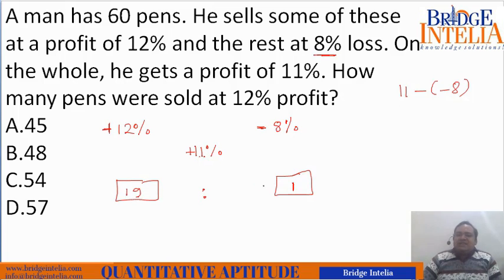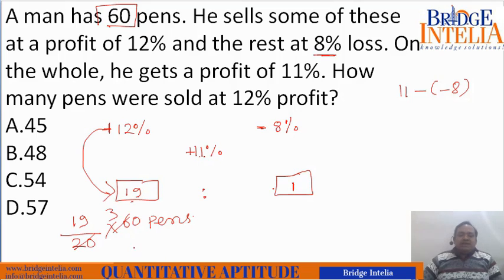So this is the ratio in which you have to distribute 60 pence. So how many pence were sold at 12% profit? So 19 out of 20 parts of 60 pence. So this is equal to 19 into 3. 57 pence in total were sold.